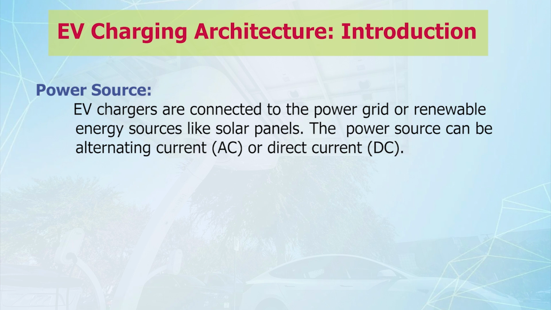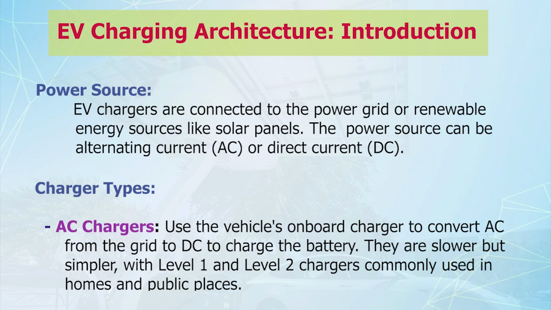So, we have basically two types of charger over here. We have the AC charger, which is utilized as an onboard charger to convert AC from the grid to DC for the electric vehicle battery. However, these onboard chargers are slow in nature and they are categorized under level 1.